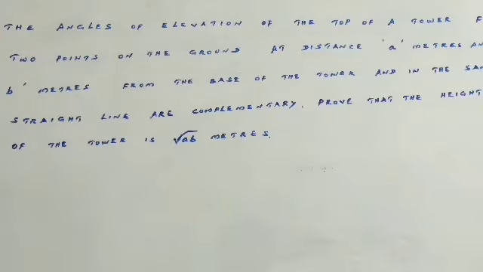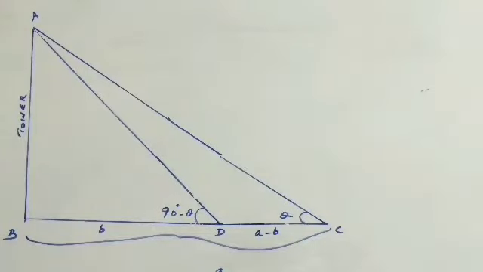And the distance mentioned here, the total distance, is A. Then from the foot of the tower to the nearest point, that is B. We are going to prove the height of the tower is root AB meters. In the second question, consider the tower height is AB. Height means you put H here.